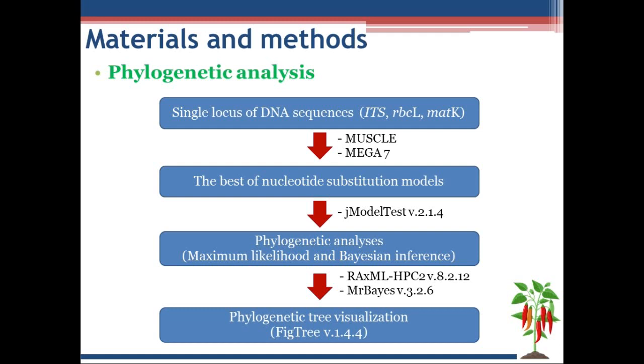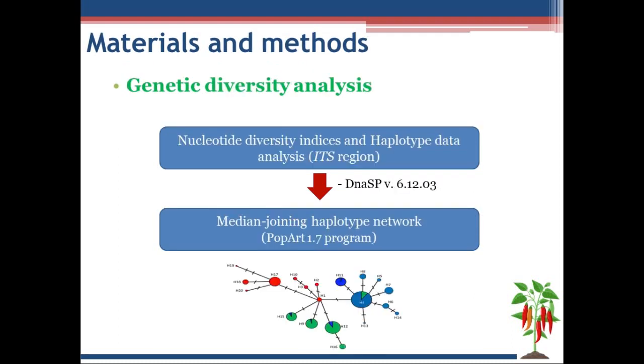The phylogenetic tree was visualized by FigTree. Nucleotide diversity index and haplotype analysis of Thai Capsicum annuum based on the ITS region were estimated by DnaSP, and PopART was used to generate the median-joining haplotype network.